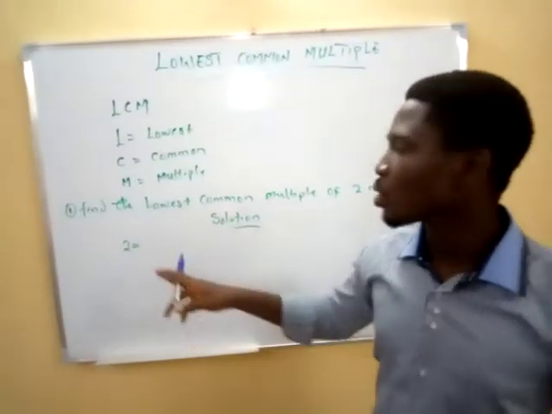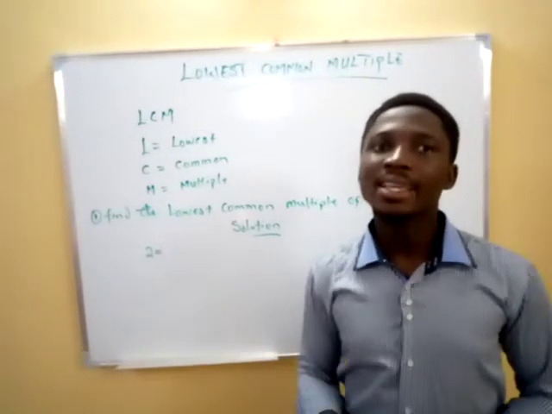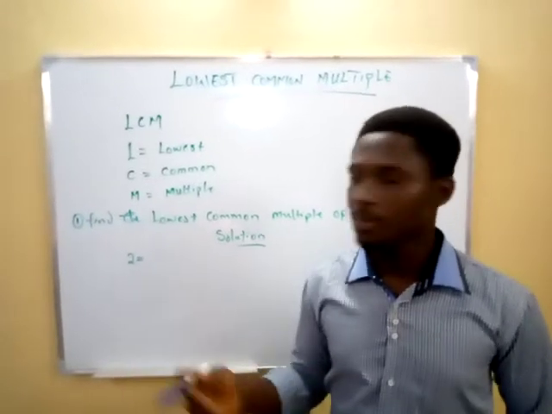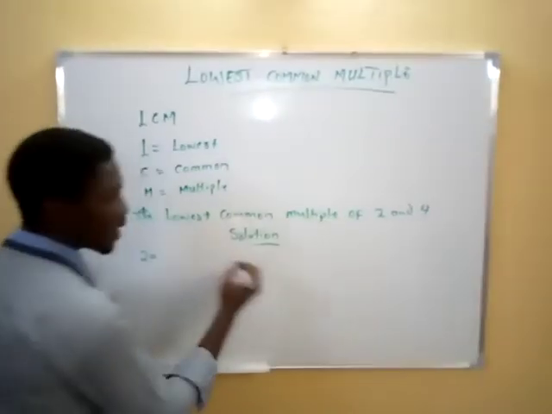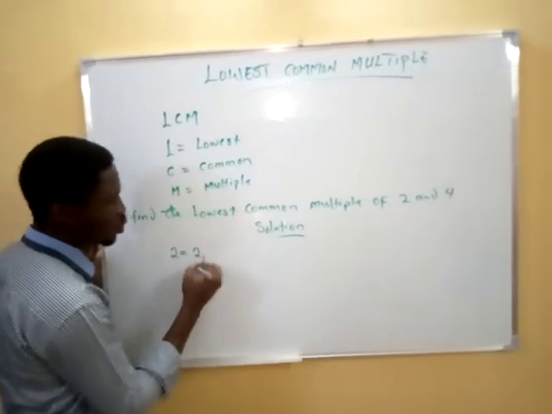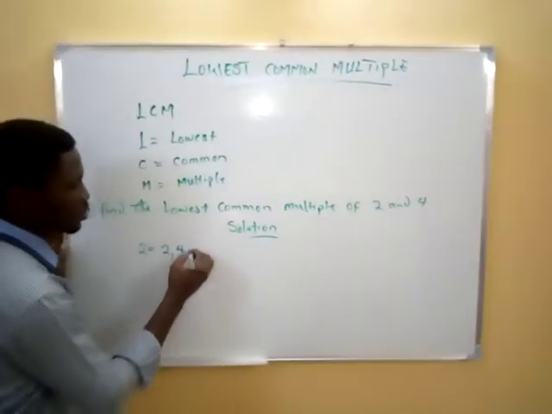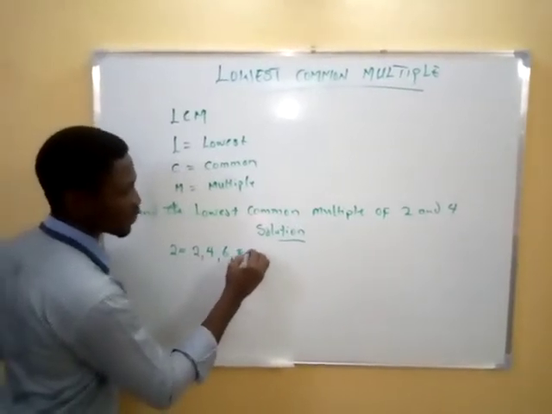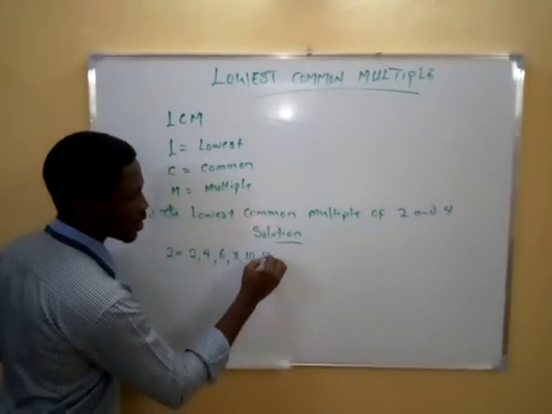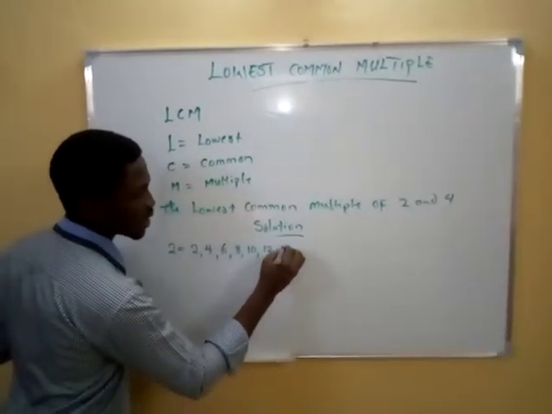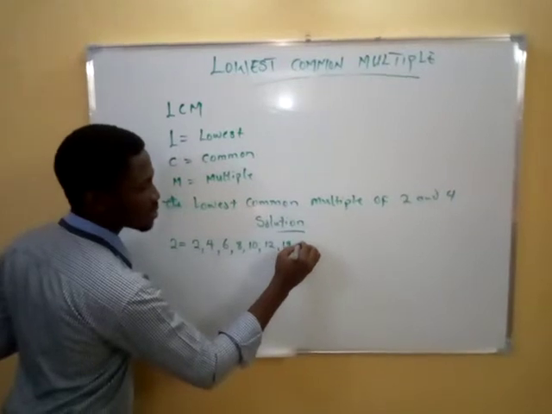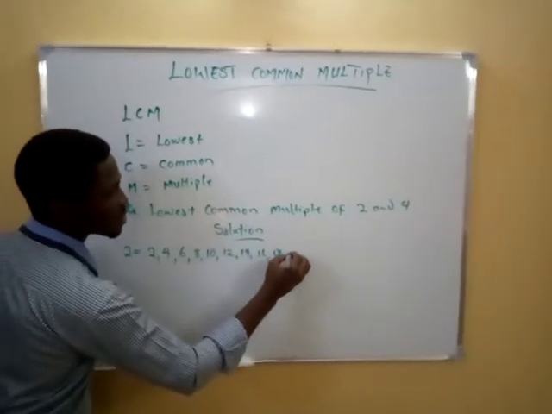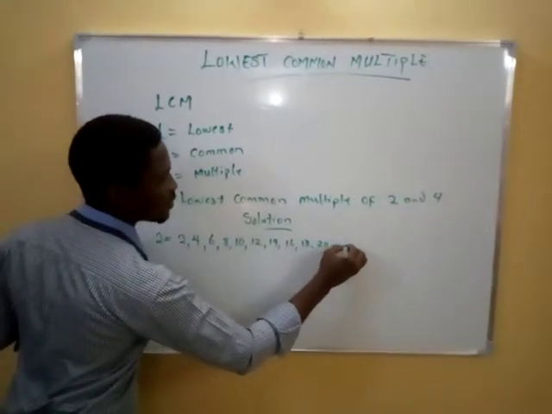So what are the products of 2 if you multiply it across the series of numbers ranging from 1 to infinity? We have 2 times 1, 2; 2 times 2, 4; 2 times 3, 6; 2 times 4, 8; 2 times 5, 10; 2 times 6, 12; 2 times 7, 14; 2 times 8, 16; 2 times 9, 18; 2 times 10, 20; till infinity.